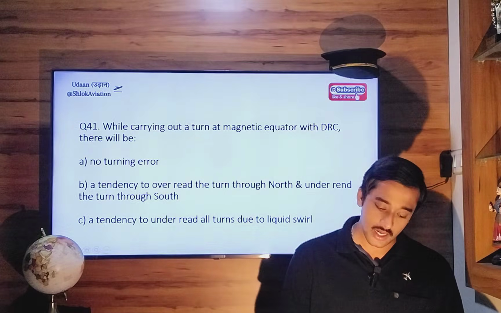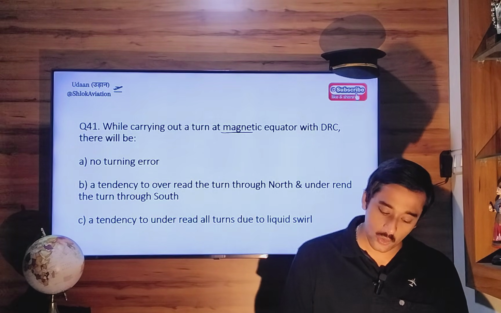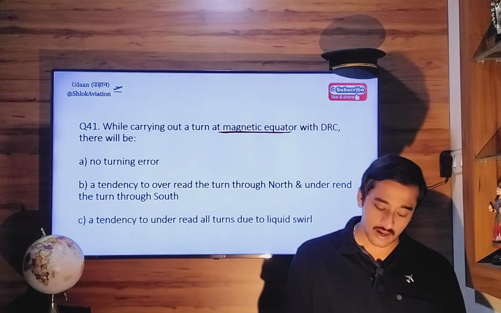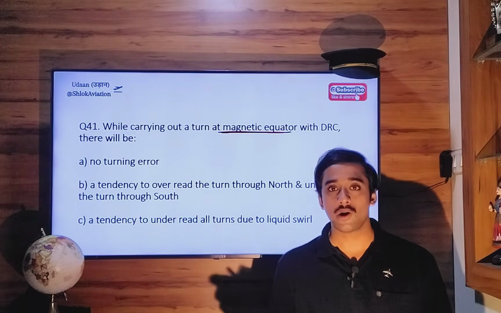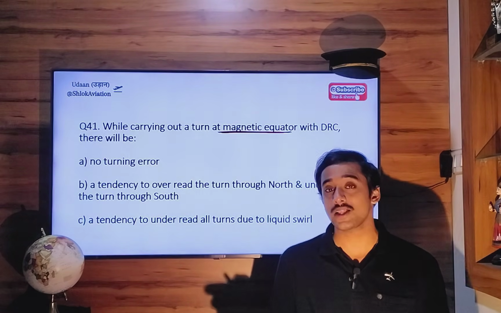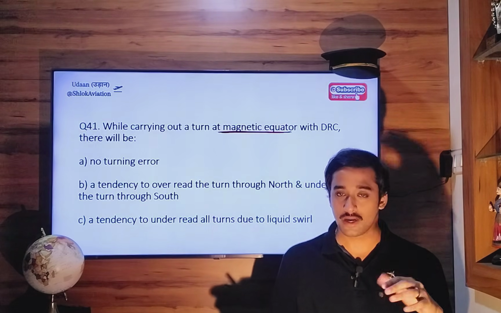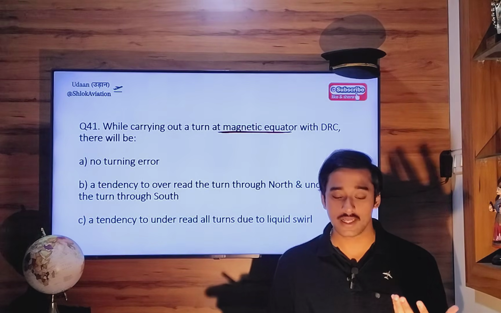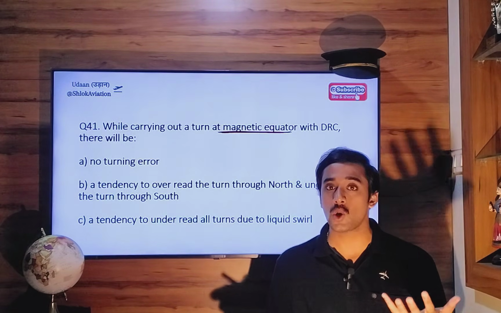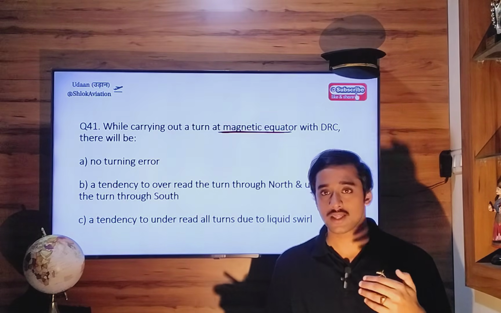So now here you are carrying out a turn at magnetic equator, with direct reading compass. So you are at the magnetic equator here. You are not in the northern hemisphere. You are not in the southern hemisphere. You are midway between both hemispheres at magnetic equator. So let's say you are carrying out a turn in the northern hemisphere, so that means you are closer to the north pole than the south pole.